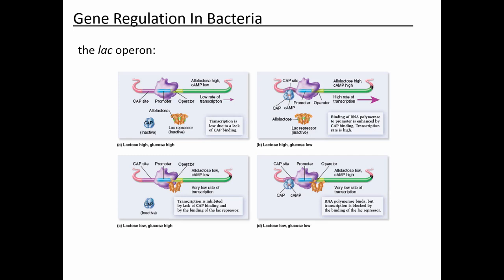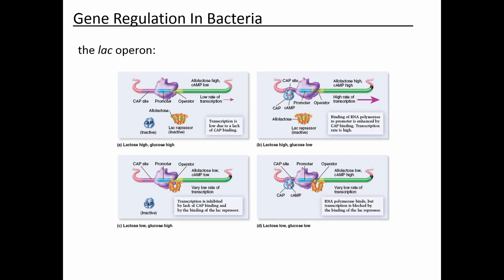And then the lactose levels are high, so you're going to have allolactose present, bound to the repressor, inactivating it so that it will not be bound to the operator. But again, this operon is going to be off because CAP is not bound in this situation. And then the situation down here at the bottom is plus glucose minus lactose, so that would be the number one situation here.